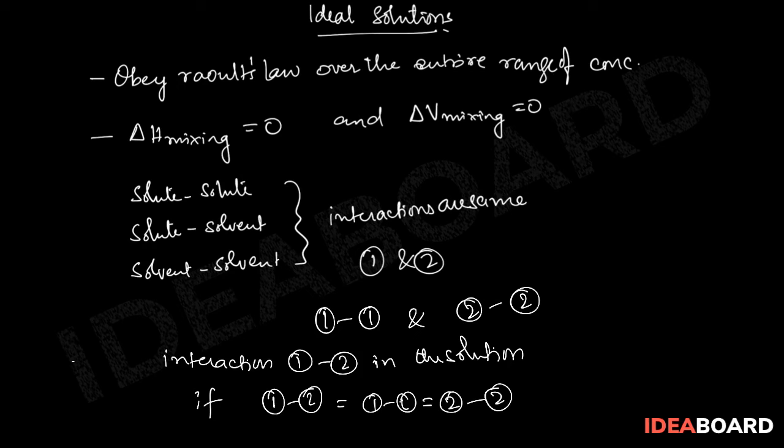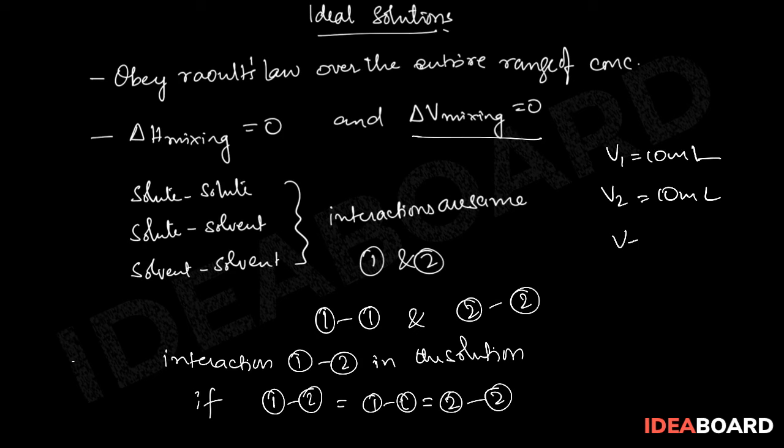And another important aspect is volume of mixing 0. That means what? We can say there is no expansion or there is no contraction in the volume. Say I mix 10 ml of first component and 10 ml of second component.